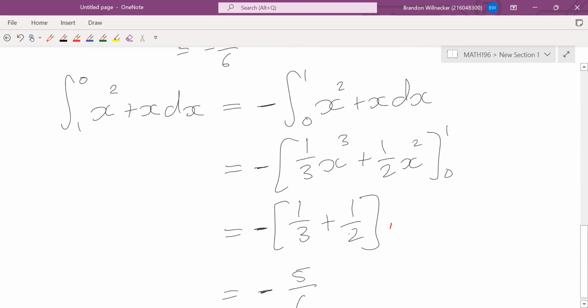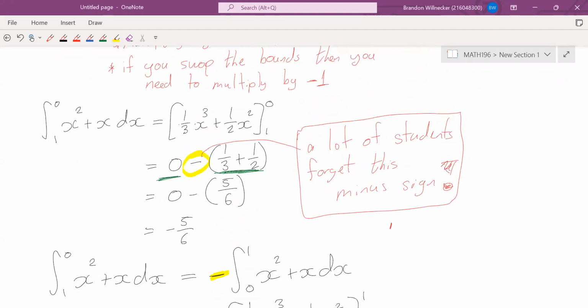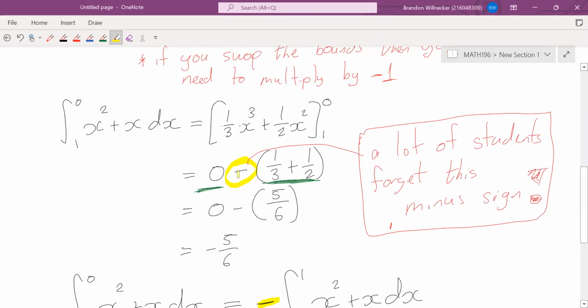So you see, when swapping the bounds, we put the minus sign, and the minus sign just stays with us the whole way down. You just do it once at the top and you forget about it. You leave the minus all the way through, no problem. However, in the previous one, you've got this minus here and you need to remember to distribute it inside.